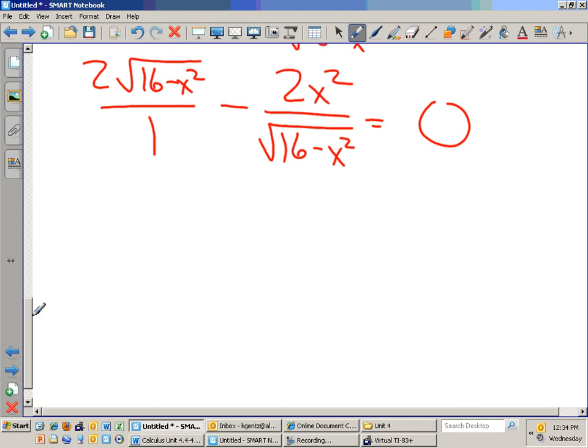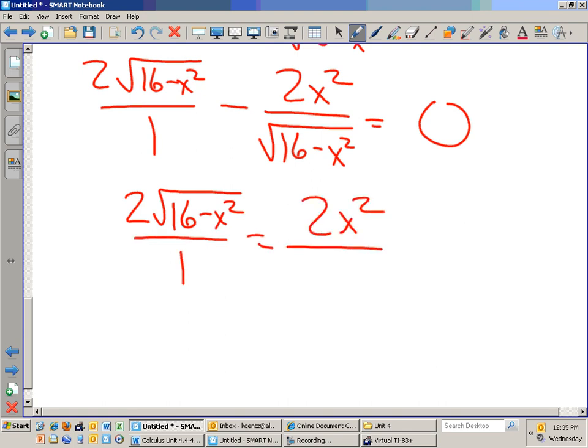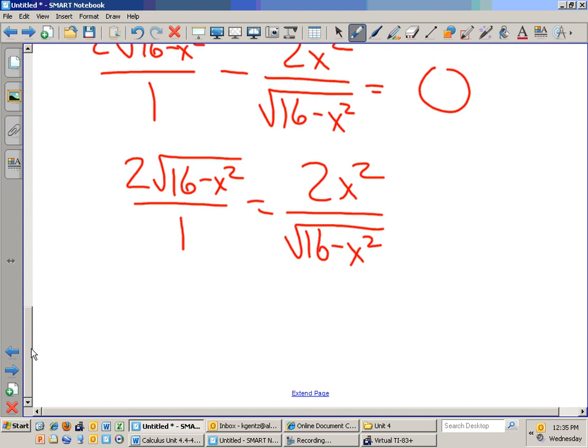Yeah, exactly. Taylor Harris sees, if I just add the 1 to the other side, 2 square roots of 16 minus x squared over 1 equals 2x squared over the square root of 16 minus x squared. Taylor Harris now wants to cross multiply.